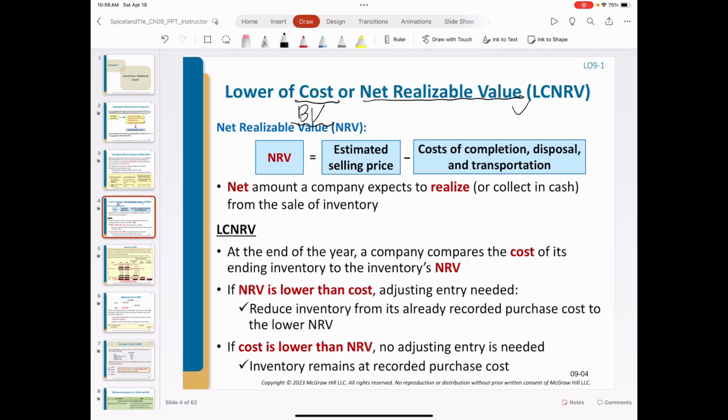How to determine the NRV? The formula to calculate the NRV is estimated selling price minus the cost of completion, disposal, and transportation. These costs are actually incurred to realize the value of the inventory. The difference is net realizable value, or NRV.